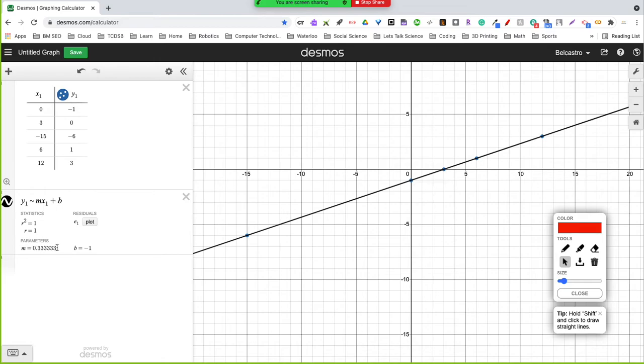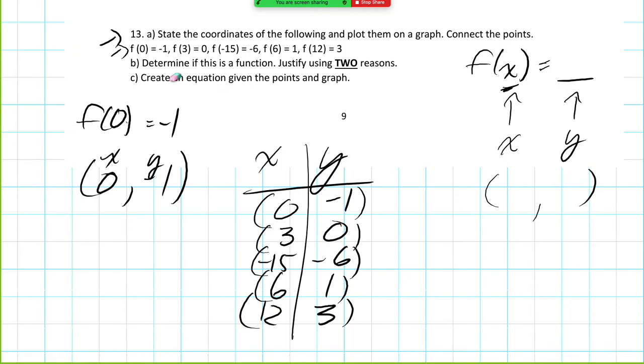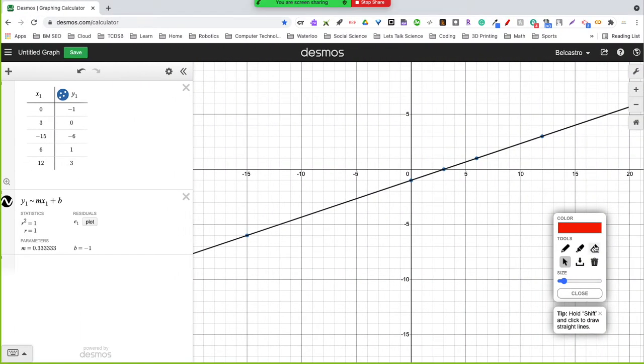They've made it a decimal value, but we know that this is just a continuous value that can be represented as the fraction 1/3. So we have a linear function. When the question asks you to determine if this is a function and justify using 2 reasons, one reason is that it passes the vertical line test. No matter where we draw a vertical line through it, it only touches this graph once.